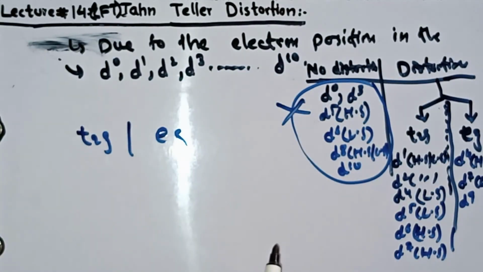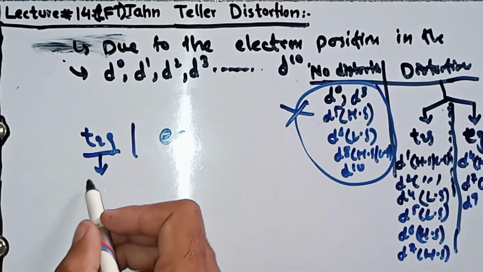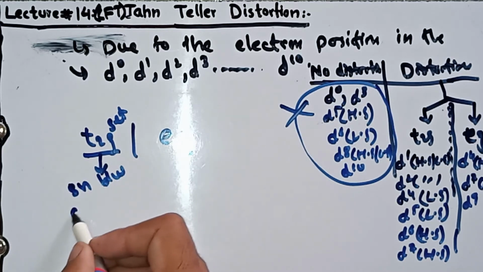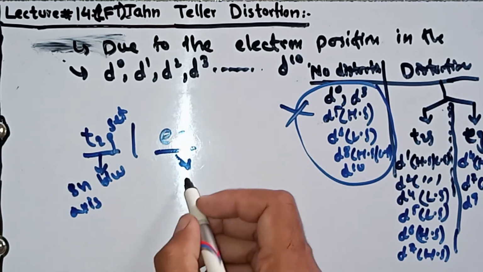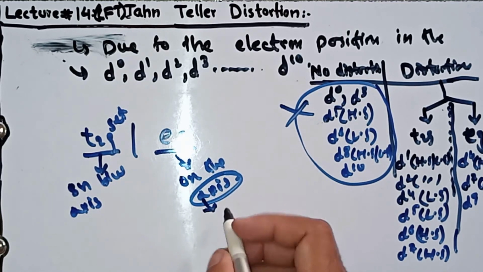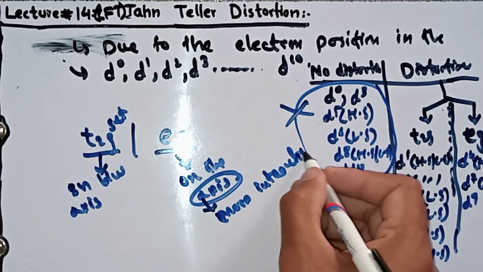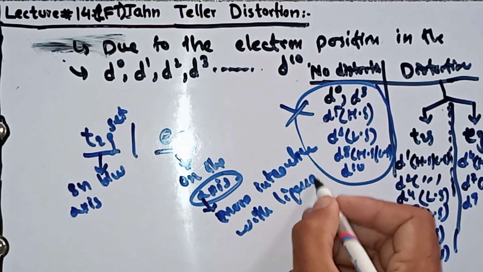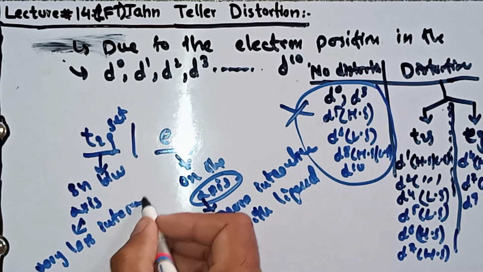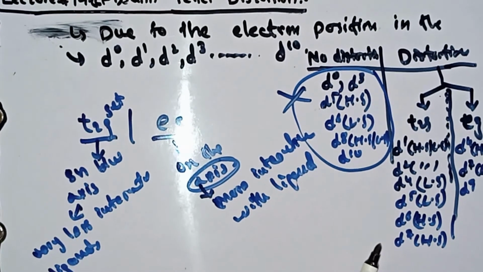In the T2G set, we know that the T2G orbitals lie in between the axes, while the EG orbitals lie on the axes. So the EG orbitals have more interaction with ligands, while the T2G set has very little interaction with ligands.